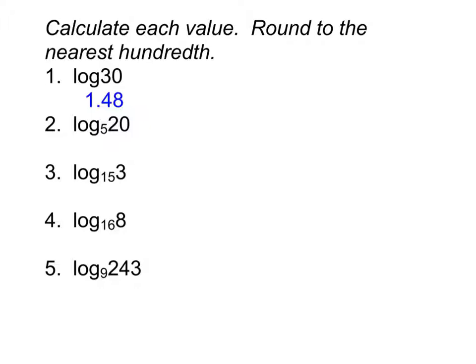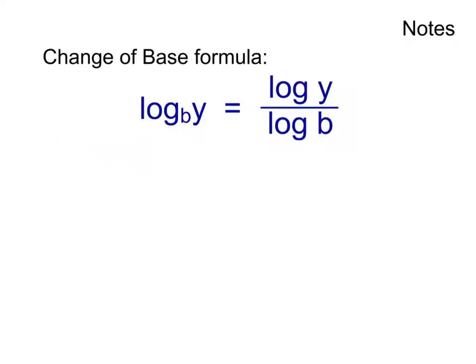And so because this is typical, that almost every calculator comes with just a button that just says log, we actually have a formula that we can use to change the base of this to work with any logarithm. And it conveniently enough is called the change of base formula. So this now needs to go into your notes, and then we're going to see how we can use this and apply it to find our actual values that we're looking at here.